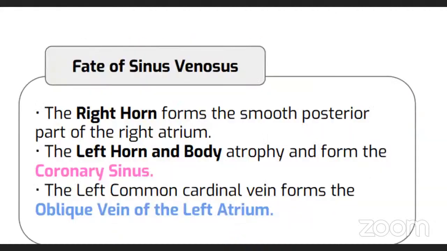Finally, we have already talked about the fate of the sinus venosus. The right horn forms the smooth posterior part of the right atrium, the left horn and body atrophy to form the coronary sinus, while the left common cardinal vein forms the oblique vein of the left atrium.